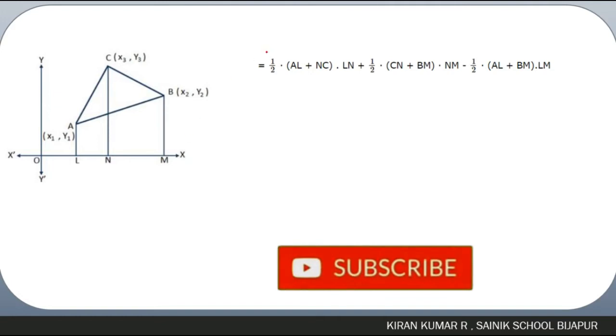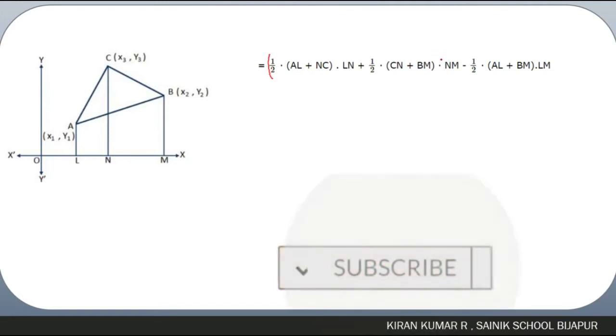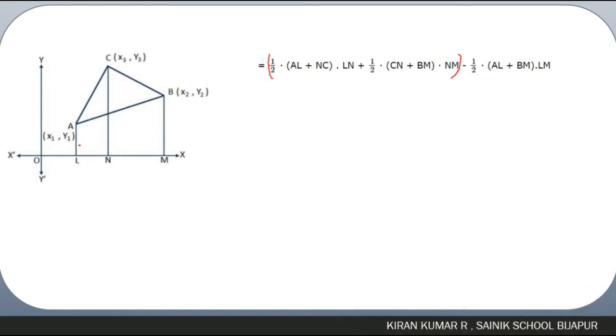These two areas are added, minus the area of trapezium ALMB, where AL plus MB are the parallel sides, half into AL plus MB into the perpendicular distance LM.